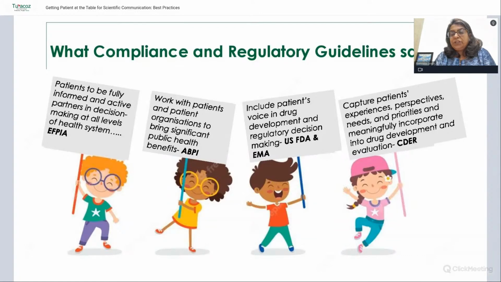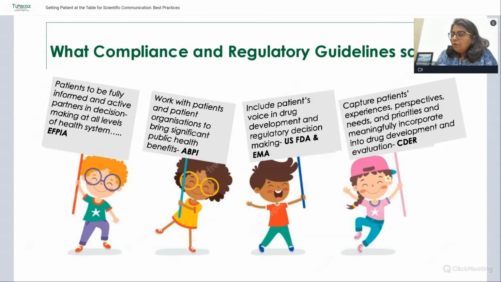Now, for the regulatory decisions, we might think that regulatory decisions should be taken by regulatory agencies or people who have more experience. But then they also say that when you are developing a product, the product has to be relevant for the person who's going to use it. We should have enough insights from that group, on whether they want such a product or not. Now, a product will be sold only if there are takers for that product.